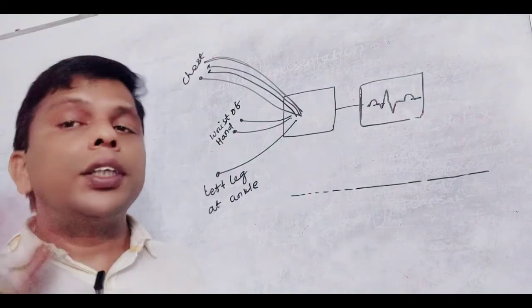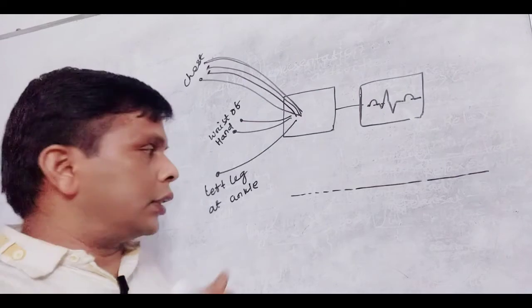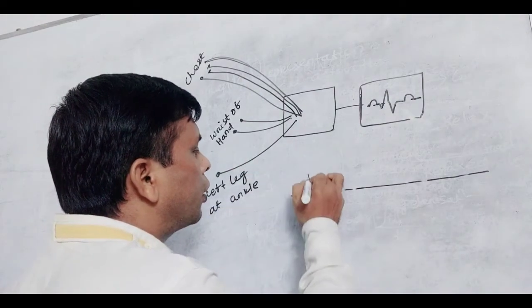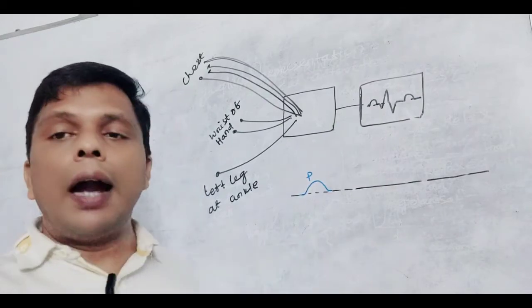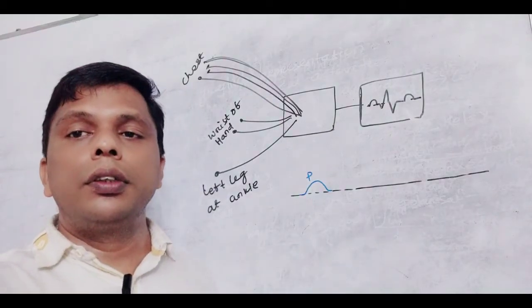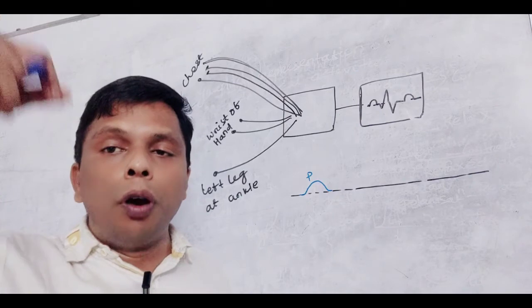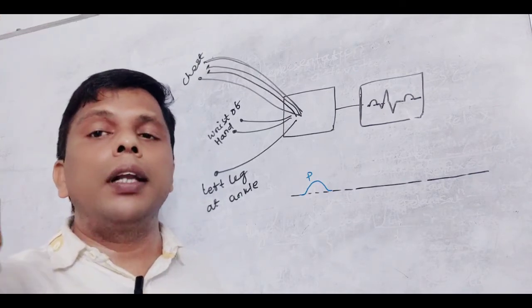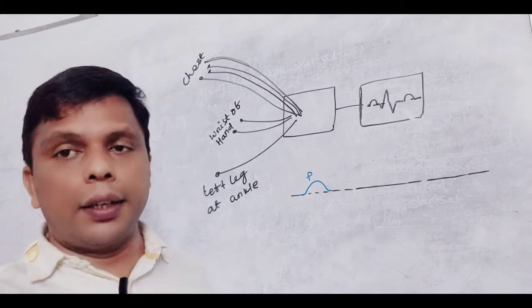During atrial systole, what happens? A small wave P appears. It is due to atrial contraction. The inflow of sodium into the cell, the charged particles, generate electric current.